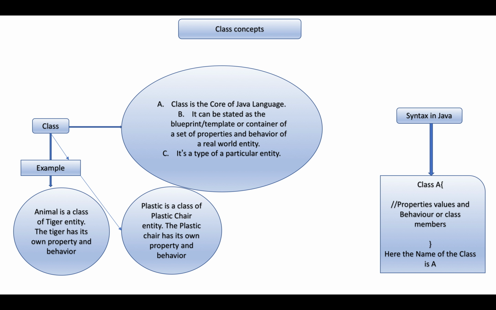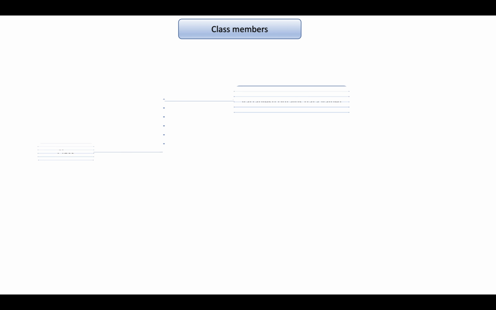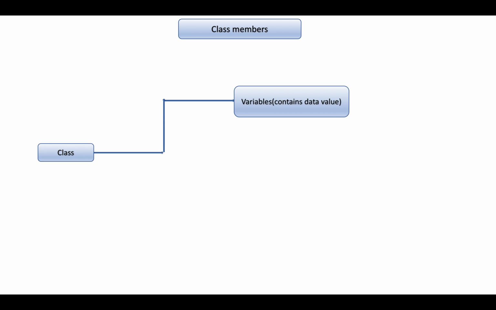So basically for a class, we write class then the class name, okay? Then it includes majorly one property and one behavior, two categories, right? We'll see more of it while we code. So a class majorly has two members.